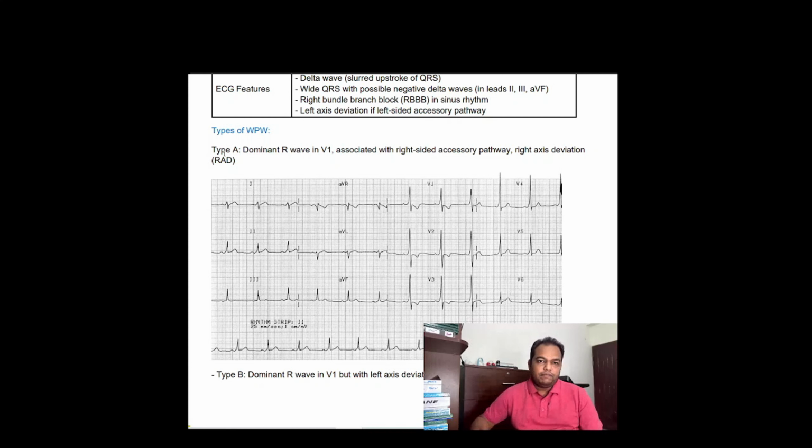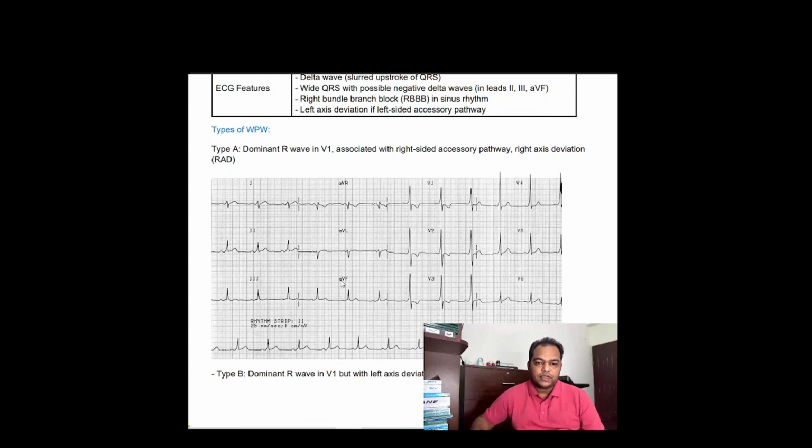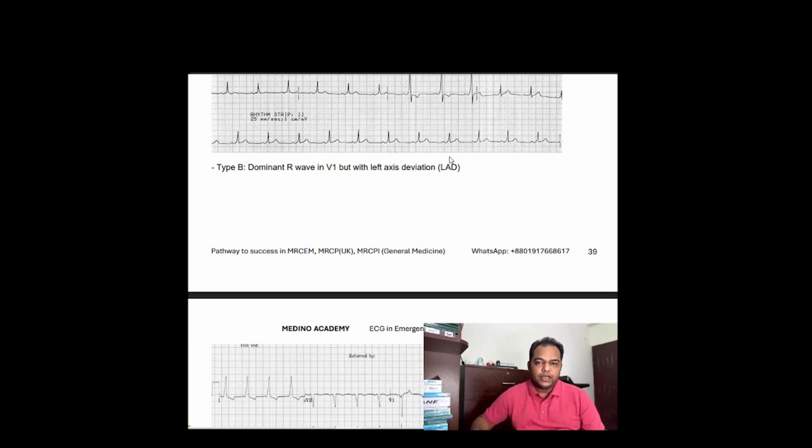In case of type A, there is also right axis deviation. You can appreciate here in lead 1 there is negative deflection, and in lead aVF there is positive deflection. In type B, LAD is present.